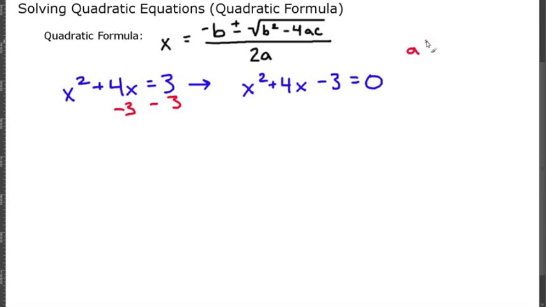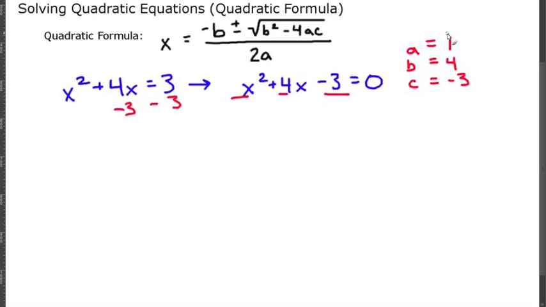Our a is equal to a positive 1, our b is equal to a positive 4, and our c is equal to a negative 3. Because remember, a quadratic equation is in the form of ax squared plus bx plus c. So since we're subtracting one of those terms, it's really a negative when it comes to the quadratic formula.